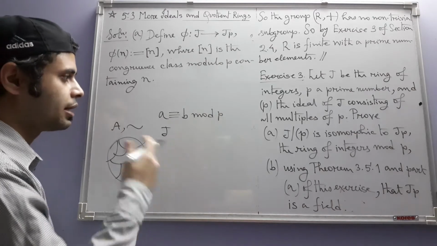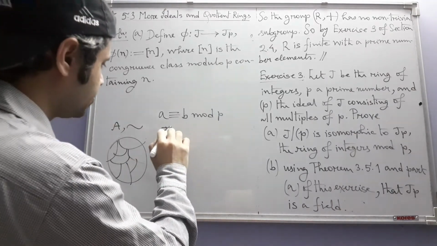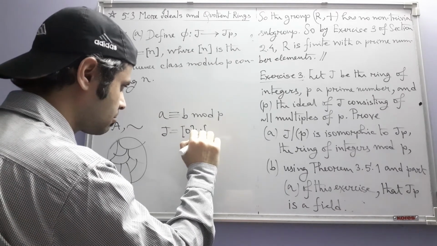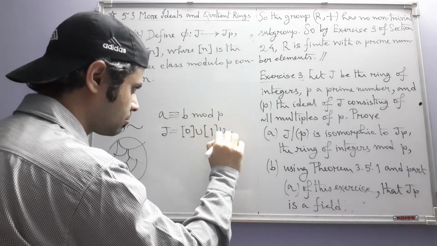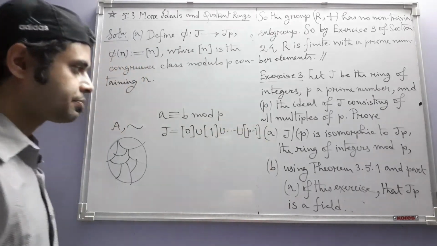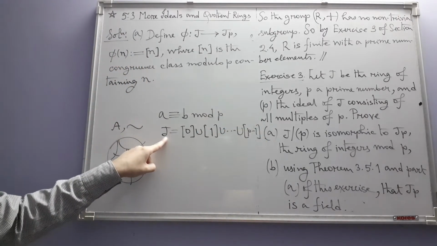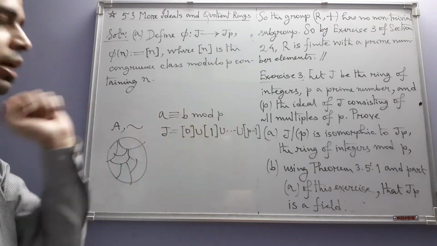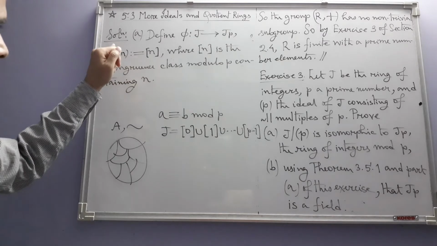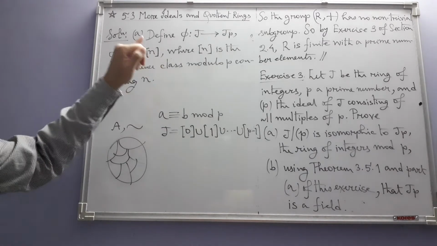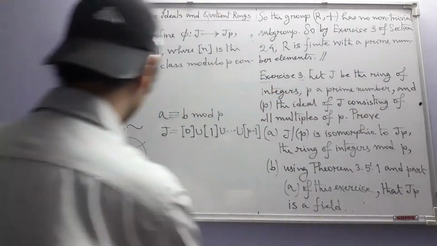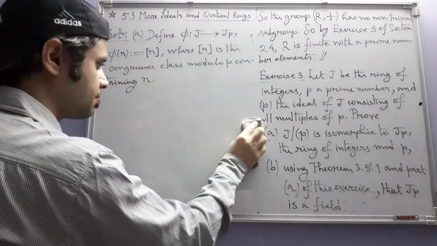There are exactly P of them, and they are nothing but this. So any integer will belong to exactly one of them, and we are mapping an integer to the congruence class containing itself. Okay, so that's what we have done in this map.